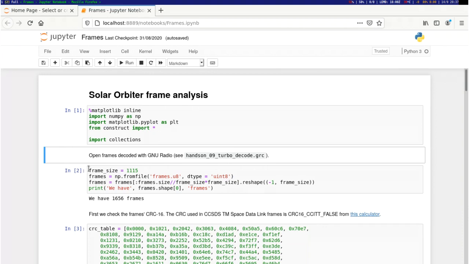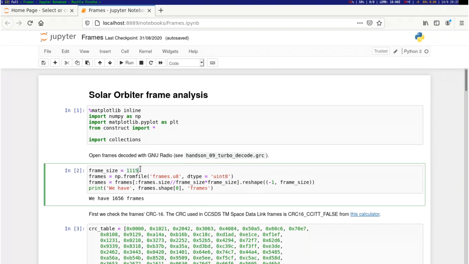This shows you how to open the frames. Here we use the frame size in bytes. And here we check, we have decoded 1,656 frames. This is from a previous run I did, where I let the decoder run until completion of the turbo decoder.